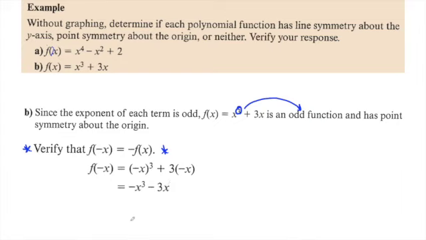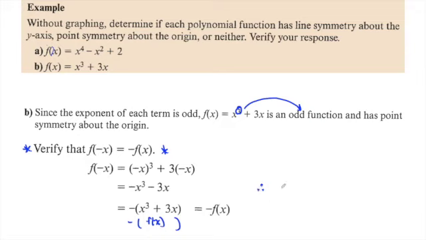Okay? If you were to pull out the negative sign, it becomes negative of x cubed plus 3x. This is f at x here, and then so you have negative f at x, which is exactly what you want.